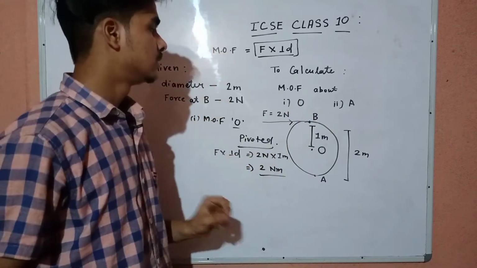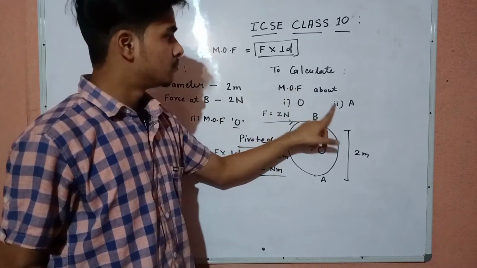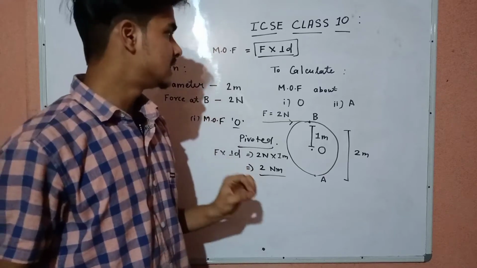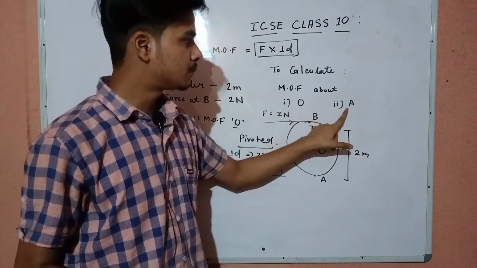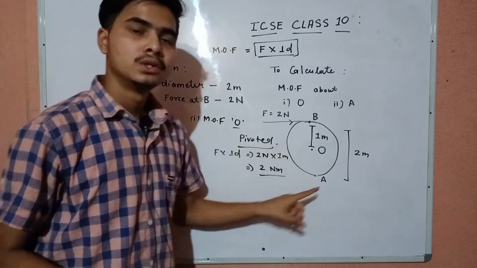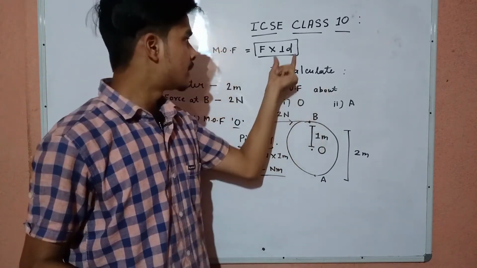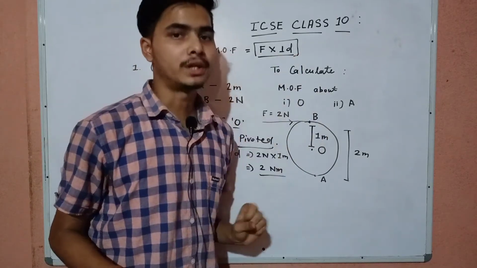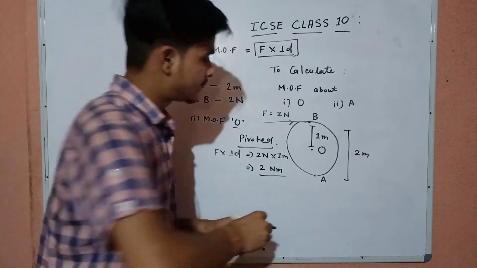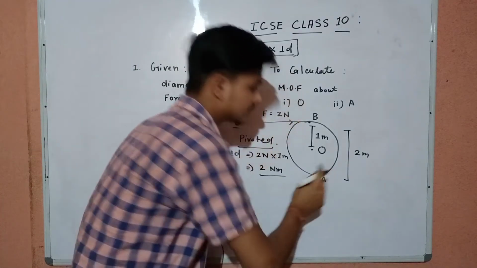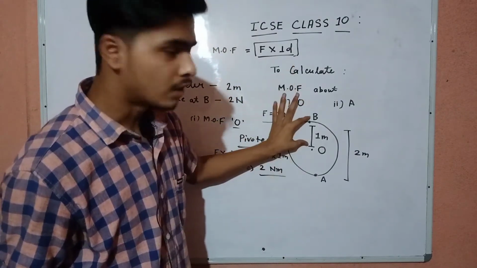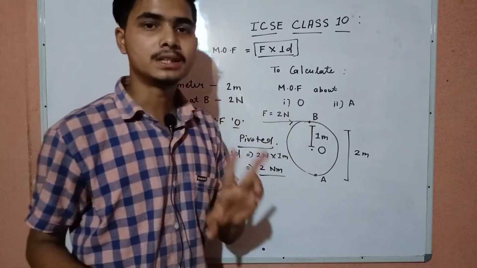Now, what if we find the moment of force about A? When we say find moment of force about the point A, that means our pivoted point is A. So we need to take the perpendicular distance from point A. Now the perpendicular distance will not be 1 meter, but 2 meters.